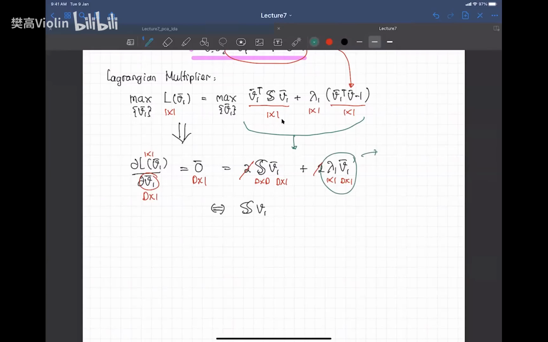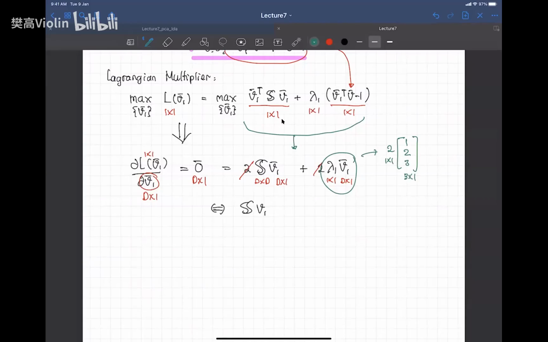This one here is like, maybe, 2 multiplied by 1, 2, 3. It's okay, right? Yes. It's no problem here. This is 1 by 1. This is 3 by 1. The first one has D cross D multiplying with D cross 1.